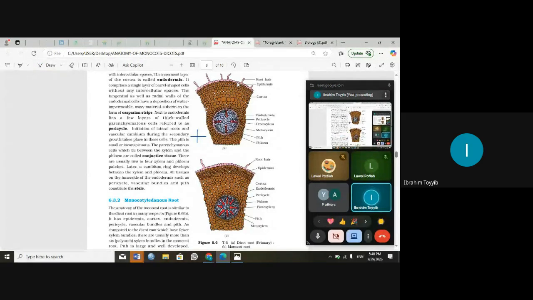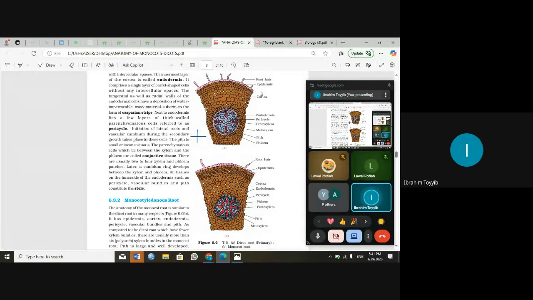Anytime you are given a diagram, you want to know whether it is a root or stem diagram. So this is the root here. Can you remind me the function of root again? I just said it not long ago. Absorption of water and nutrients. To absorb water and mineral salt from the soil.